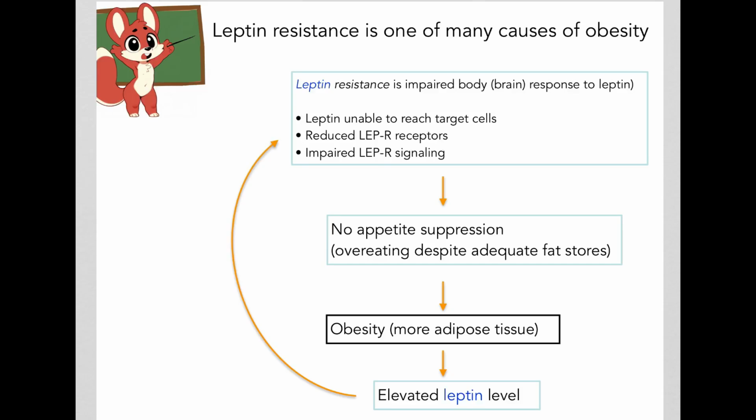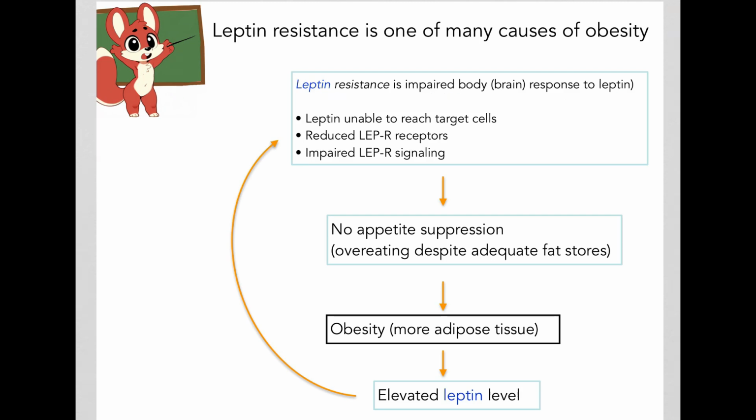Now, leptin resistance is one of the many causes of obesity. So what is leptin resistance? Leptin resistance is the impaired brain response to leptin. Basically, either leptin is unable to reach the target cells in the brain, or there are a reduced number of leptin receptors, or there is some sort of problem with leptin signaling.